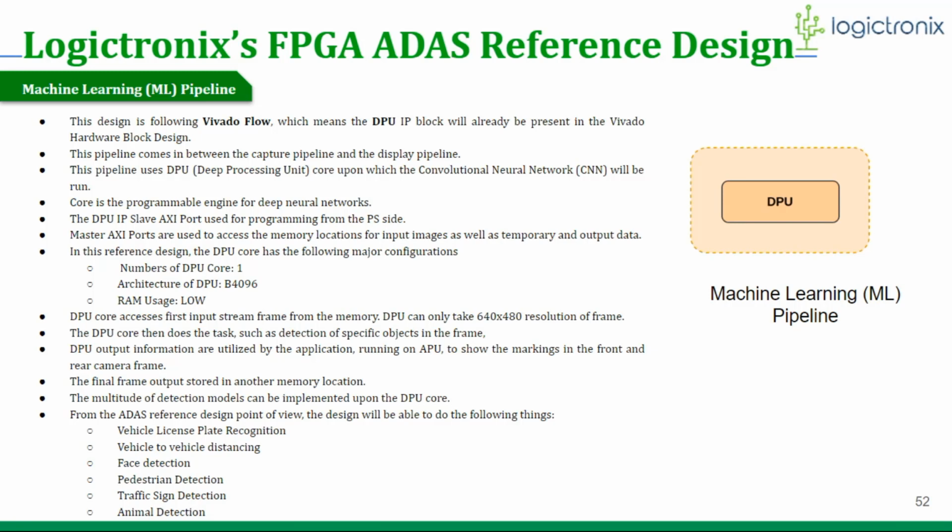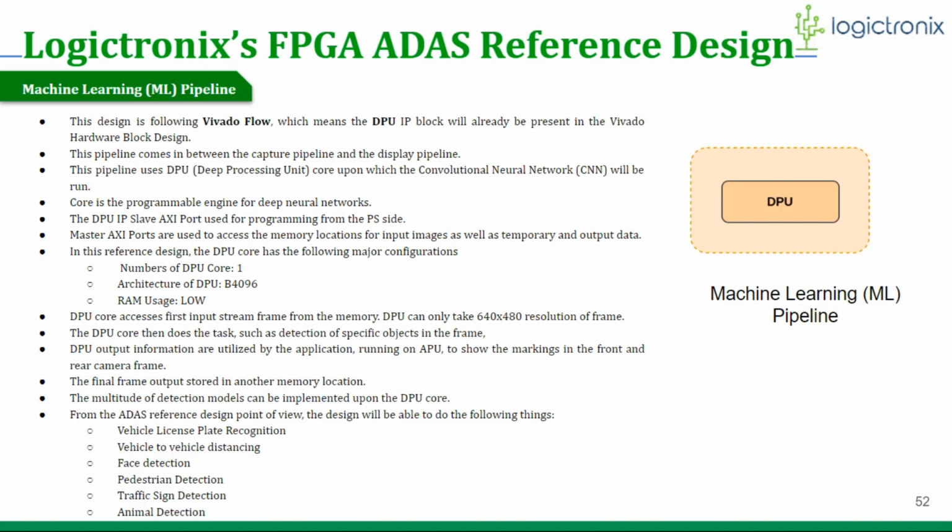It allows the efficient implementation of many deep neural networks. And the DPU IP has a slave port so that it can be programmed from the PS side, and also master ports, which are used to access the memory location for input images as well as temporary output data.